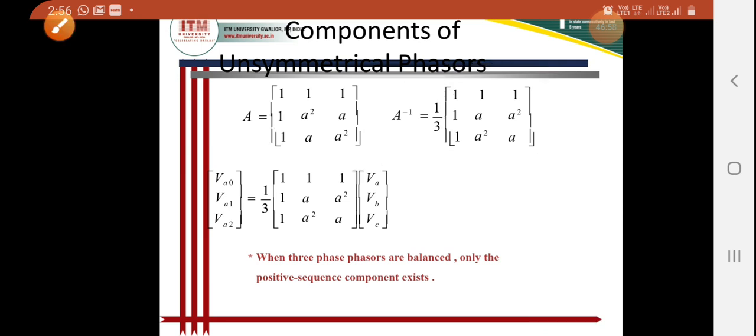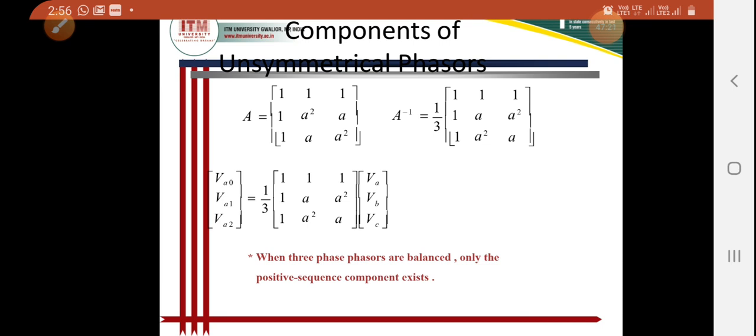Suppose we want to find the symmetrical components, that is VA0, VA1 and VA2, in terms of the unbalanced phasor voltages VA, VB and VC.